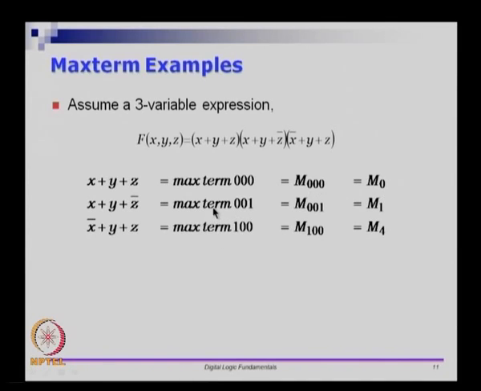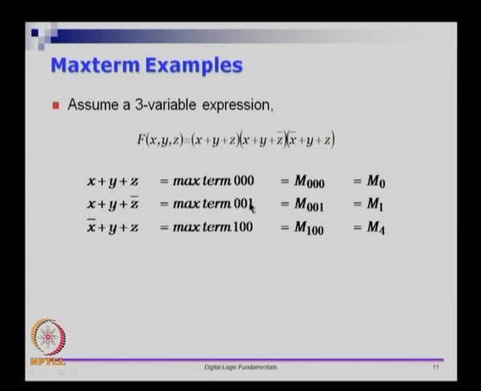Let us look at this one, which is slightly more interesting. In x plus y plus z bar, x is appearing in the uncomplemented form, so we associate the bit 0 for that. y is in the uncomplemented form, so we associate 0 for that, and for z bar we associate 1 because it is in the complemented form.